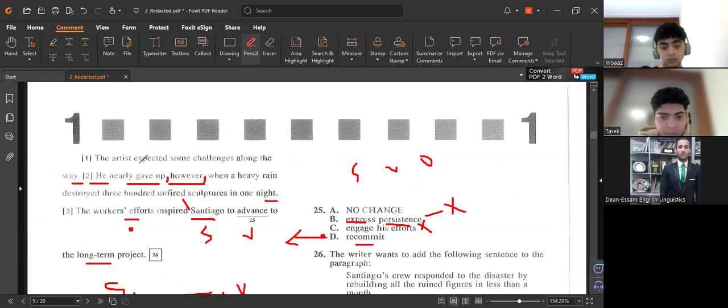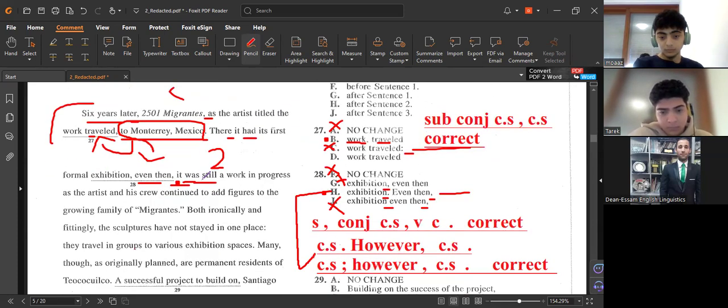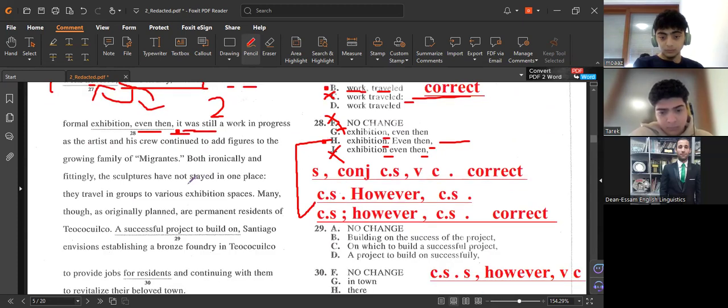He expected some challenges, but something hit him. So contrast, so we have however. But here, however, in the middle of the second sentence, it must be followed by two commas. That's a common trap in any exam, and it will be in any test you do.